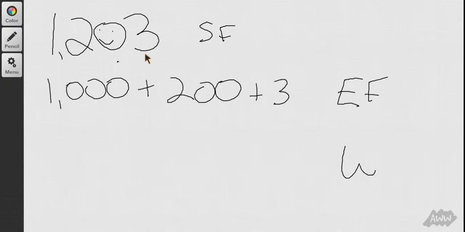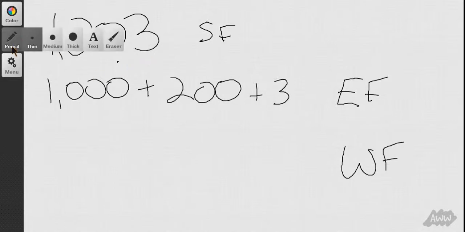How would we type that or write that in our word form? We would take a look and say 1,000, and if you remember, between the thousands place and the hundreds place, we need a comma just like in standard form. 1,200.